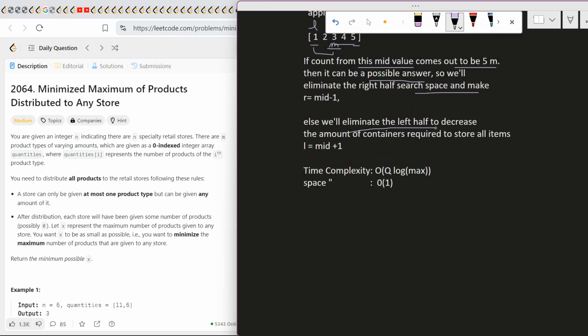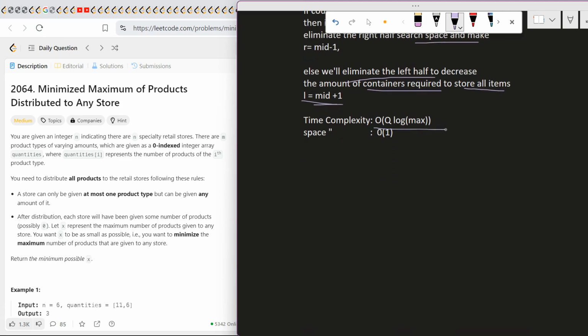Else we'll eliminate the left half if it comes out to be more than 5 containers required, and shift our left pointer to mid plus 1. Here time complexity would be order of q into log of max value, and space complexity would be order of 1.